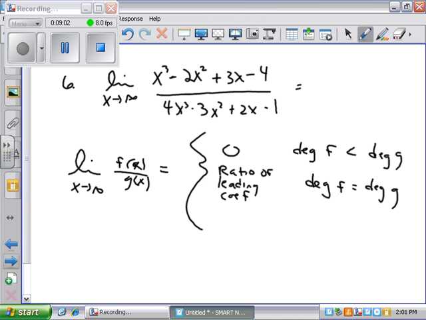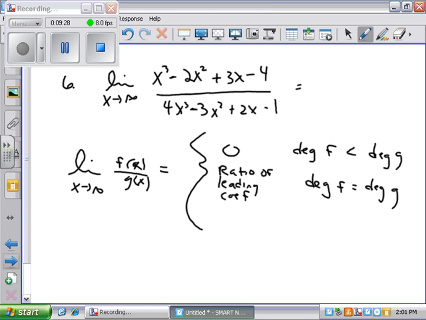The degree of the denominator is also 3 because the highest power of x is 3. When the degree of the numerator is less, and this is only true when x is approaching infinity, you get 0. When the degrees are the same, you get the ratio of the leading coefficients, the coefficient of the highest power term up top over the coefficient of the highest power term down there.